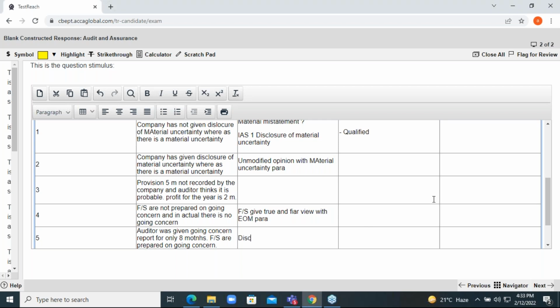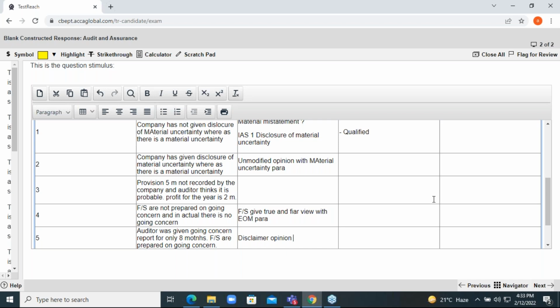Yes, disclaimer of opinion will be issued because we are short of sufficient and appropriate evidence. So management has not given us the required data.